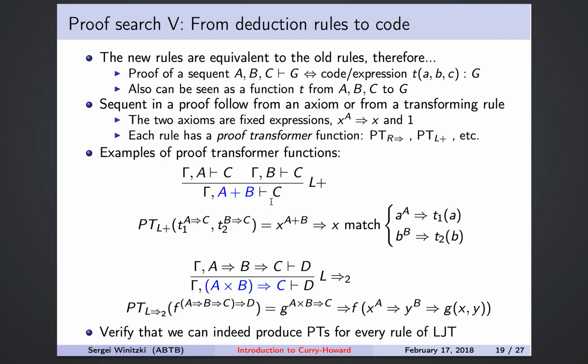What is the proof transformer for this derivation rule? The proof transformer is a function that has two arguments, t1, which is the proof of this, which must be a function of type A to C, and t2, which is a proof of this sequent, which must be a function of type B to C. Earlier I said that sequents represent expressions that use certain variables, but equivalently we can say these are functions that take these variables and return these expressions.